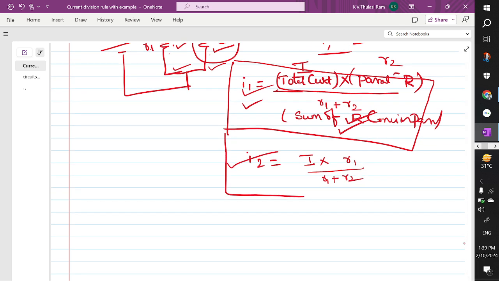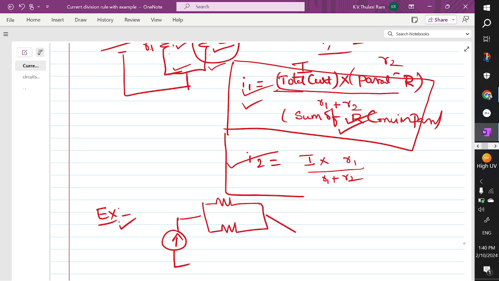Let us solve an example so that it is clear how to apply this. Take a resistive network which consists of two resistors connected in parallel. Here we have a current source, and here I am going to have two resistors, resistor 1 and resistor 2, connected in parallel.